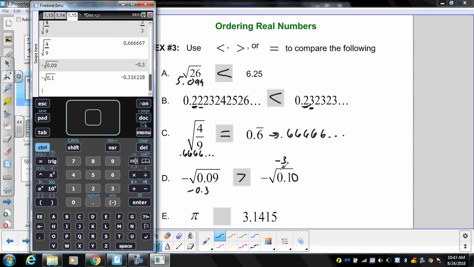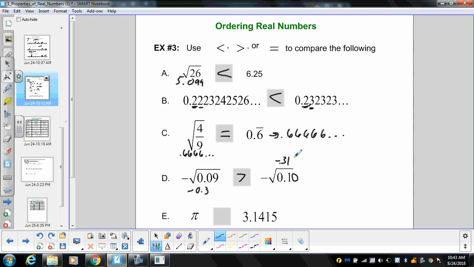Oh, 0.316. So again, you see that because of that 1, it became larger than that, but because it's a negative, the bigger the negative, the smaller it is. So in this sense, would you rather owe someone 30 cents, or would you rather owe someone 31 cents? So you rather owe 30 than 31, so this becomes greater.